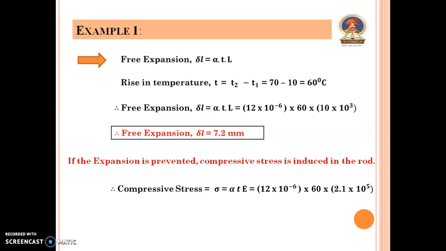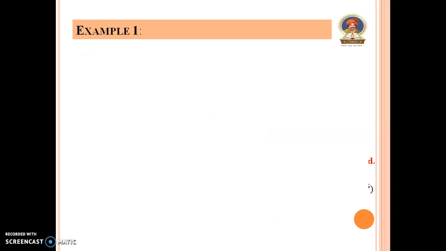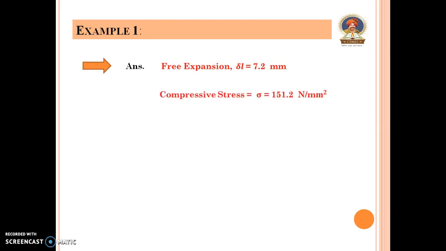So the equation is 12 into 10 raised to minus 6 into 60 into 2.1 into 10 raised to 5. So the compressive stress is 151.2 Newton per mm square. So the final answer is: free expansion delta L is 7.2 mm, and compressive stress sigma is equal to 151.2 Newton per mm square.